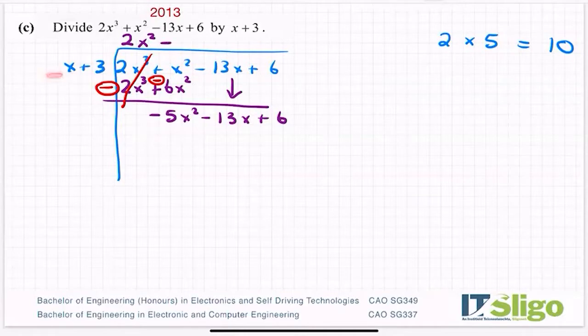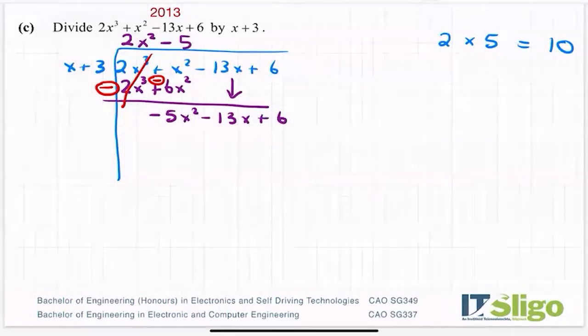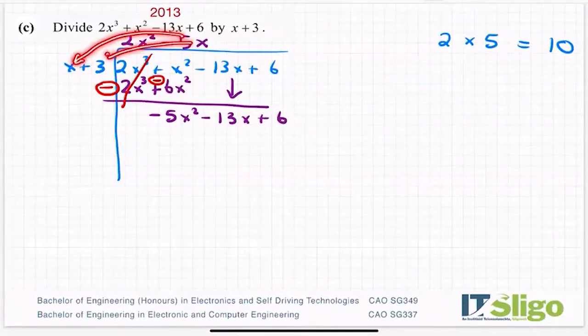There's no number out there and we need it to be 5. So 5 by the 1 that's there will give me the 5. And I have 1x there, but I need 2 of them, so another x. Okay, and then you multiply that by the x and that by the plus 3 to get the remainder.